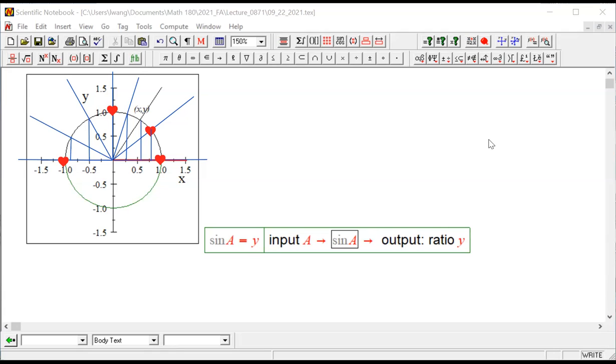If I keep going, all of these y's are positive. And this tells us that the sine outputs are positive when the terminals are in the first and second quadrants.